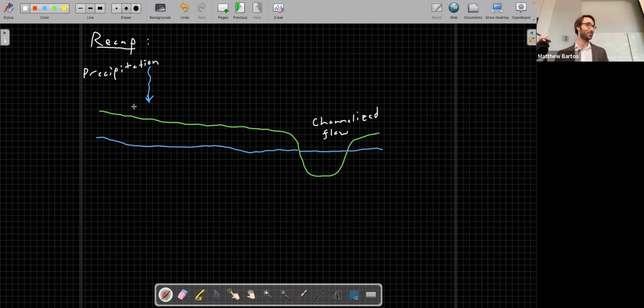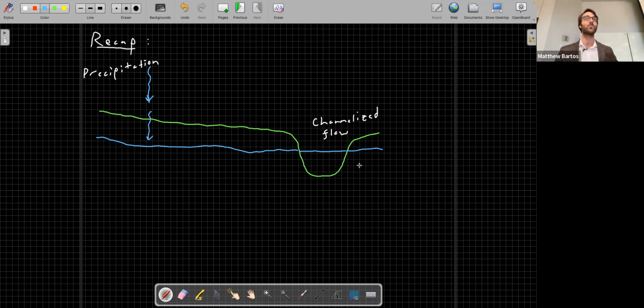What's the other technique related to IDF curves? We also talked about the alternating block method. So we discussed how we could estimate the amount of precipitation using IDF curves and the alternating block method.